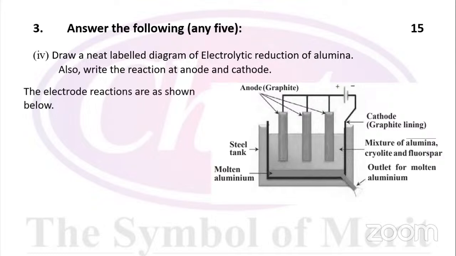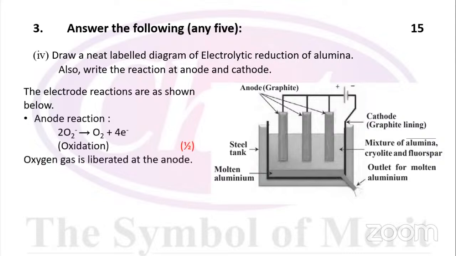Now we are going to see the reactions at anode as well as cathode. For the anode, the electrode reaction is as shown below. Oxygen gas is liberated at the anode, so the reaction will be 2O²⁻ giving O₂ plus 4 electrons.